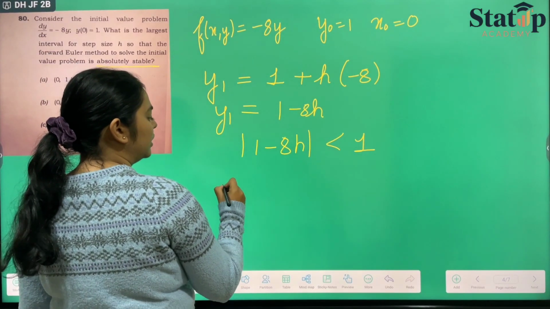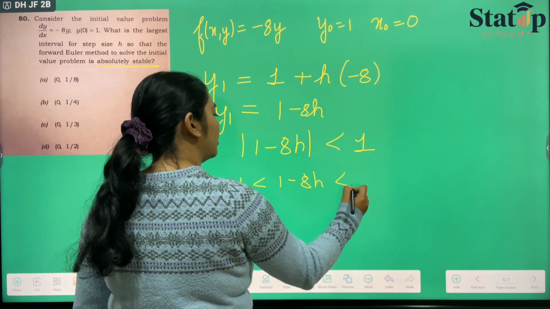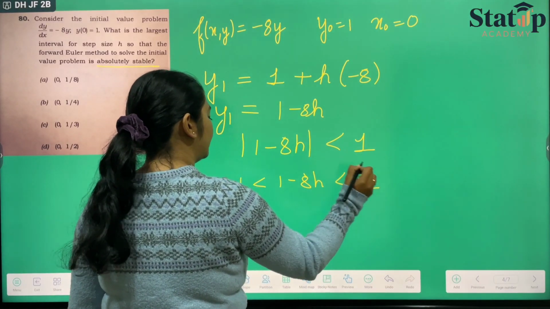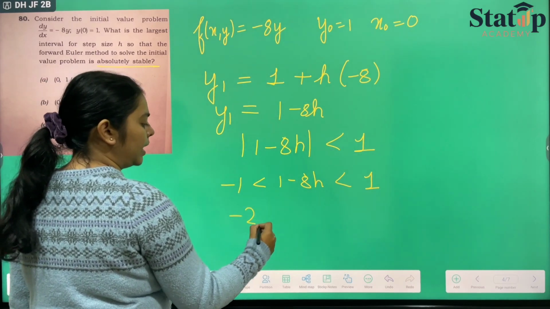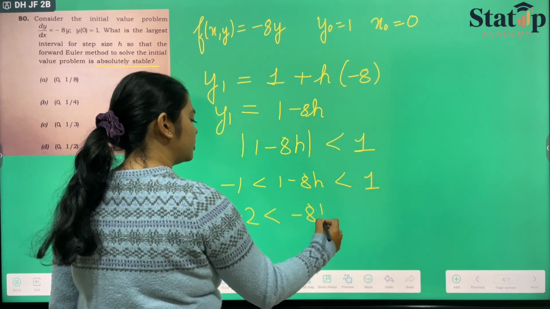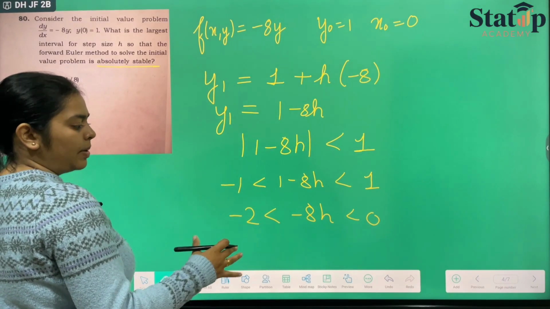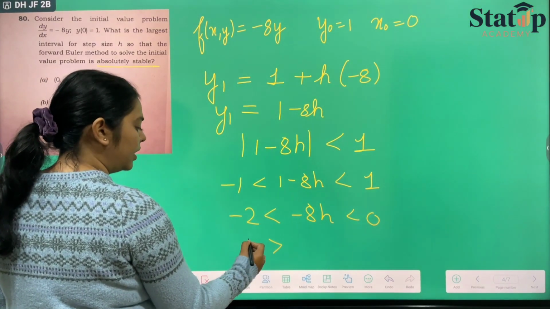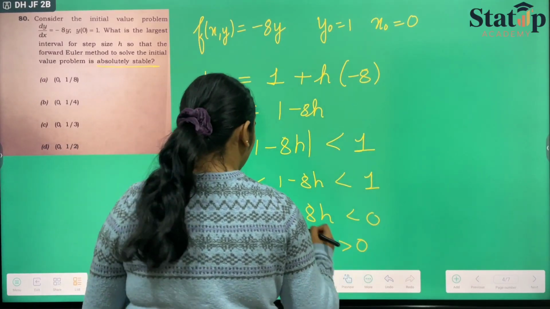Now removing the modulus sign, we are left with minus 1 less than 1 minus 8h less than 1. If I subtract 1, it will be minus 2 less than minus 8h less than 0. If we multiply all of the terms by minus 1, the signs change: 2 greater than 8h greater than 0.